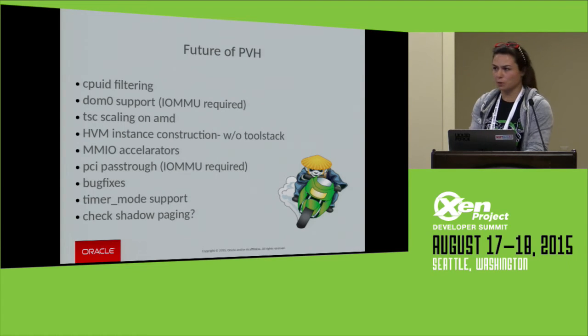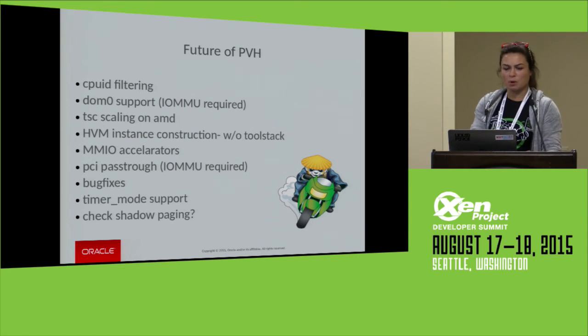There is some work for AMD on this, and I'll be working on TSC scaling for AMD CPUs. That will provide us with an absence of HVM exits on the RDTSC instruction, so we don't have to recalculate the frequency in the hypervisor. We can just provide a scalar and MSR, and the guest will read it without HVM exits.